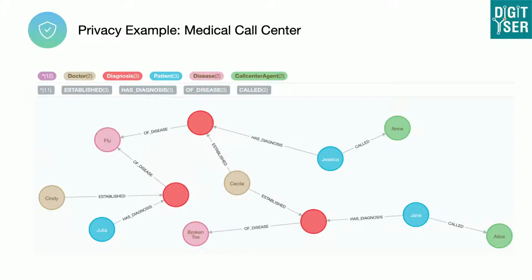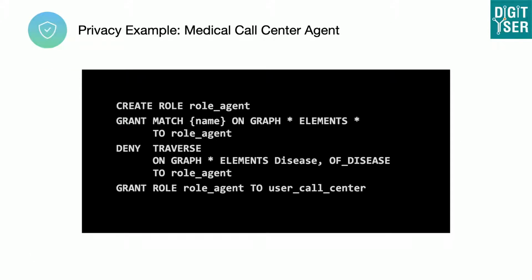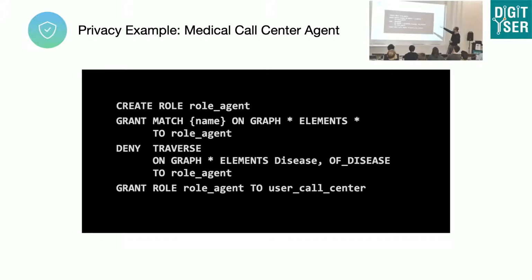You still need to be able to see the path, but you need to be able to gray out components of the path in real time as you query it. And that's going to be something that we are going to be able to specify with roles and specific authorizations on patterns.